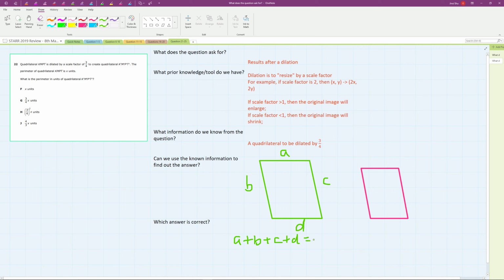is equal to x. Now let's look at this new quadrilateral. After dilation, each side will resize by the scale factor, which is 3 fourths.